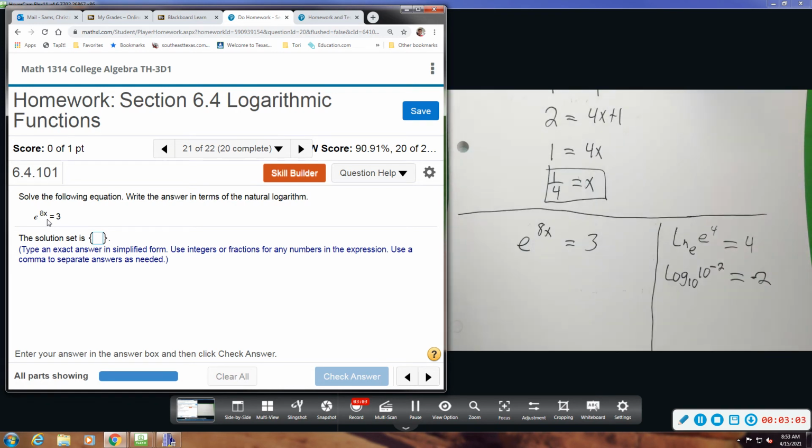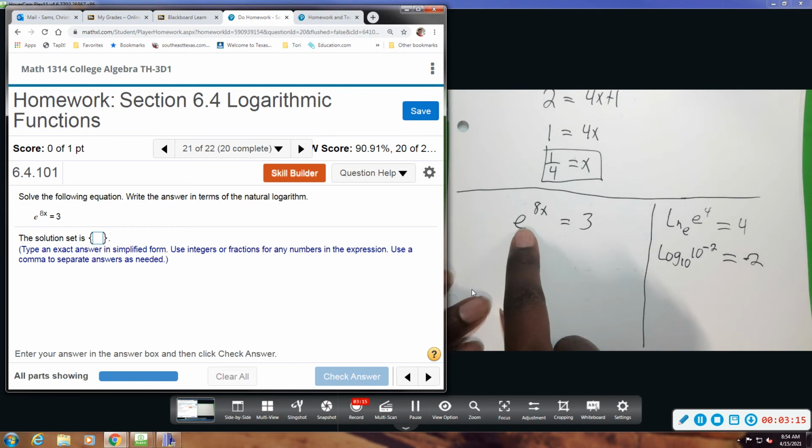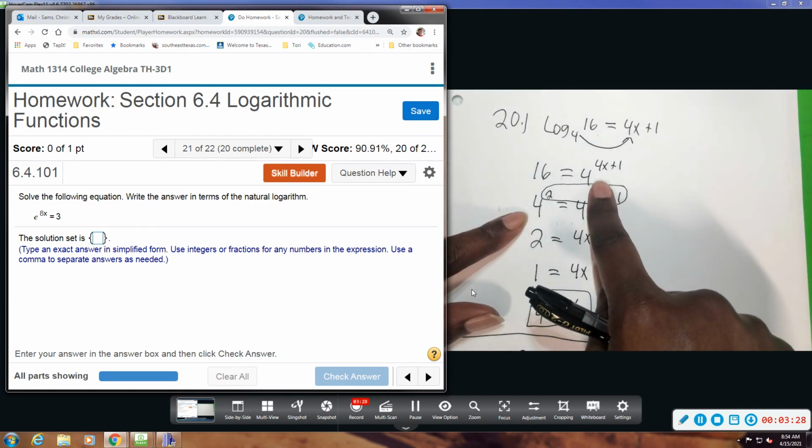So what we want to think about is one of two things. You can use this property of log as it is, or think about going backwards if you had something in exponential form, kind of like the previous problem.